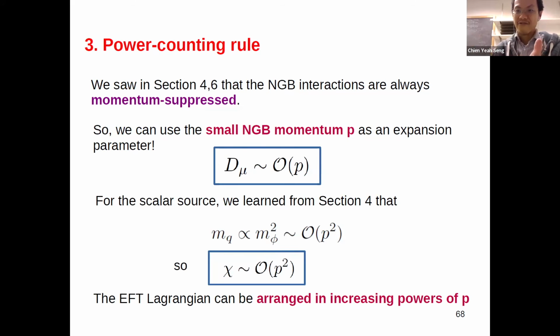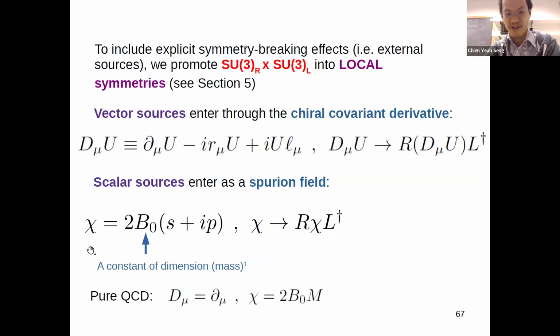But we have mentioned before that the square of the mass of the Nambu-Goldstone boson is linear in the quark mass. So if the mass of the boson counts as P, that means the quark mass, which is the square of the Goldstone mass, should count as P squared. Therefore, this scalar source should count as P squared.